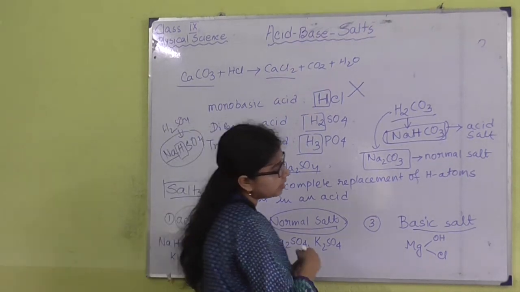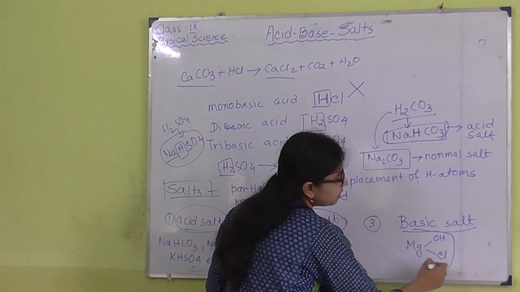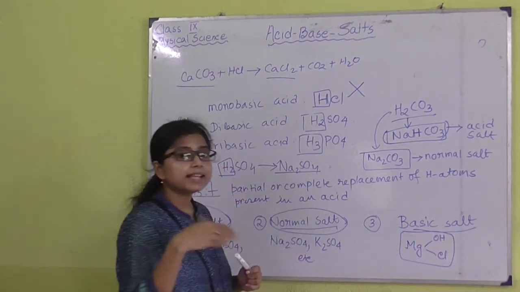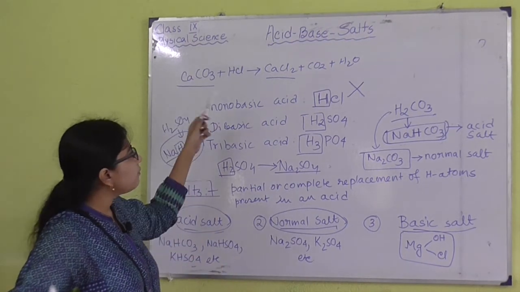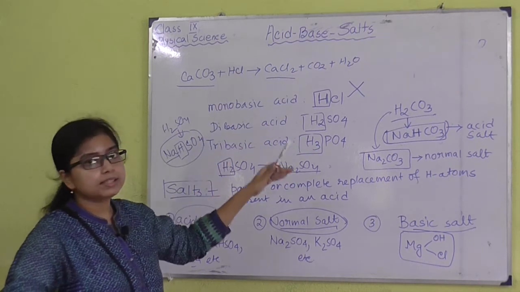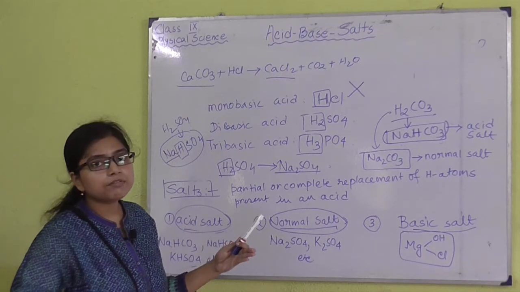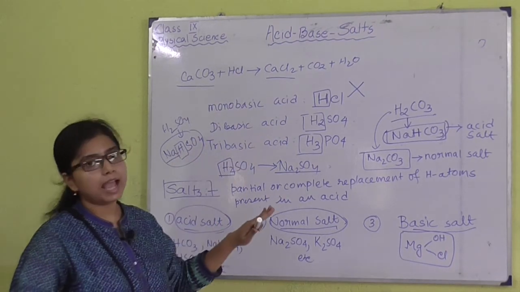Now the last type is known as basic salt. Suppose we have a diacidic type of base. Here we read monobasic acid, dibasic acid, tribasic acid, depending upon the number of hydrogen atoms present in the acid.